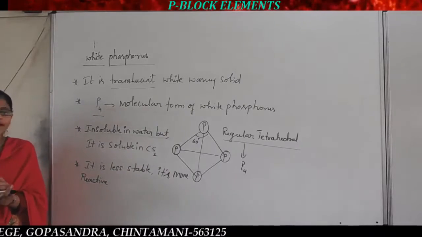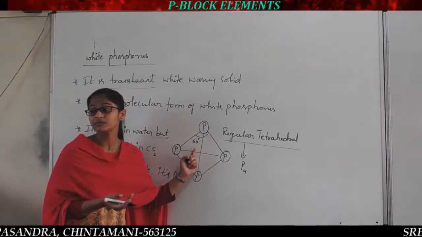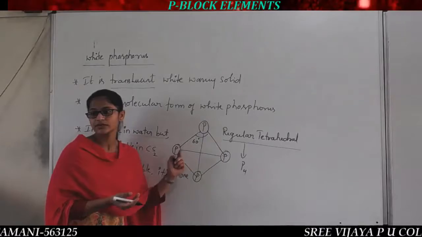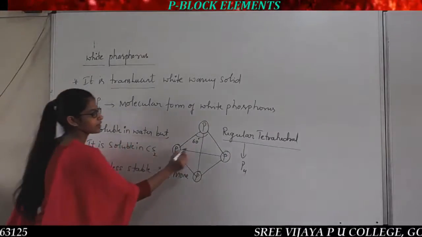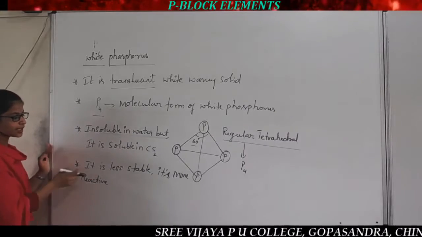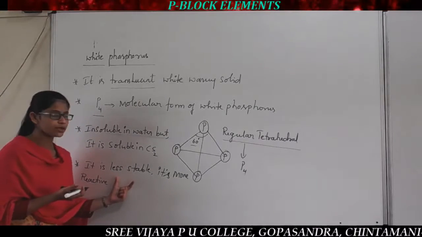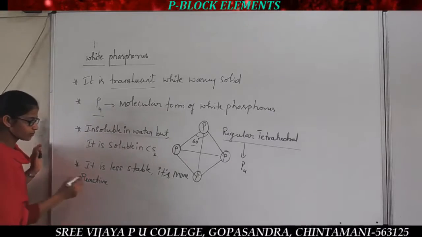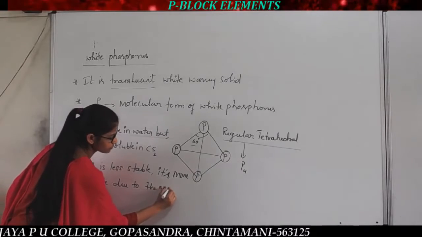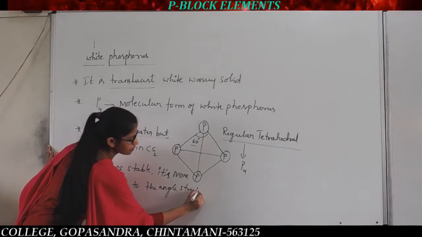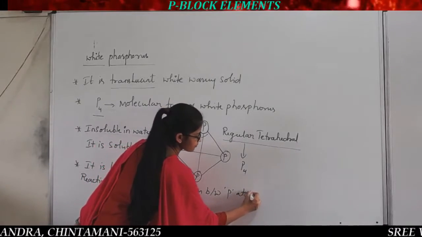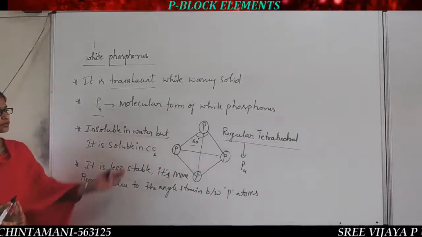Less stable because of the angle strain between phosphorus atoms. The angle between phosphorus atoms is just 60 degrees, which is very small. So the reason is that this phosphorus is less stable and more reactive due to the angle strain between phosphorus atoms, which equals 60 degrees.